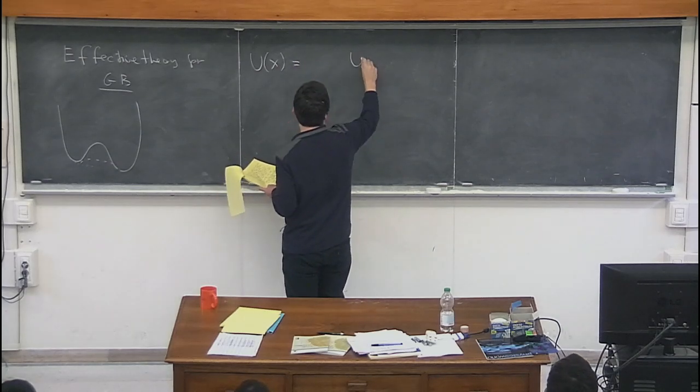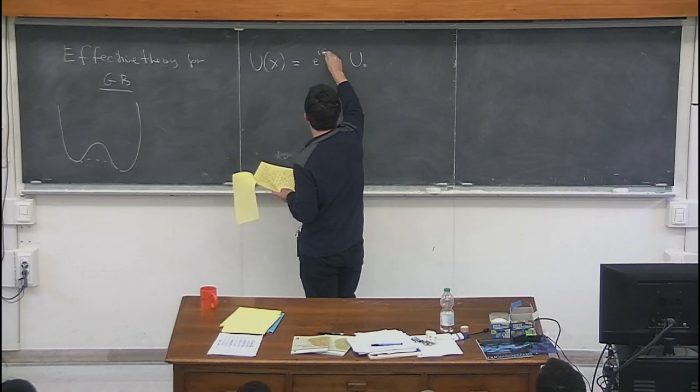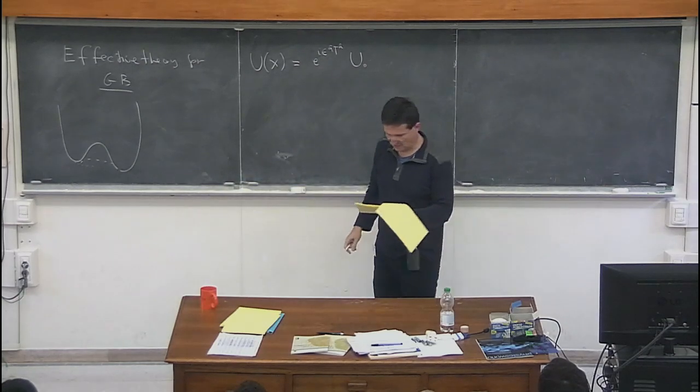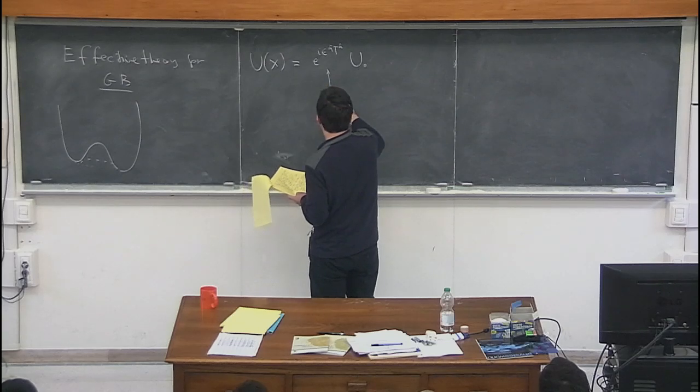So we have our vacuum U0 and simply act in the directions that are broken. Sometimes they are denoted by a hat. I will not bother writing those hats, but these are just the broken directions.